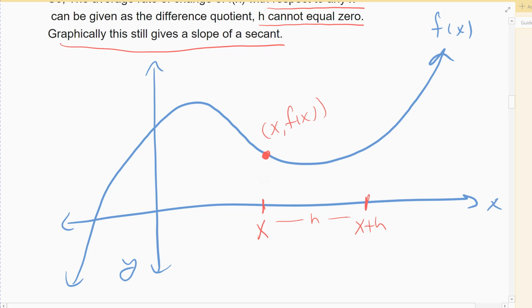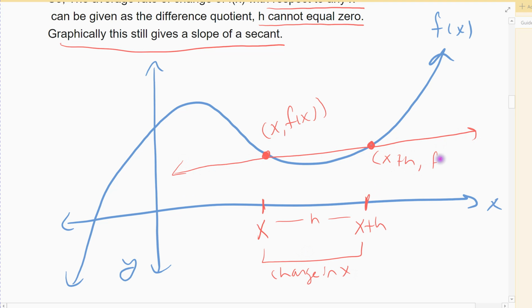I've gone h units away. This would represent my change in x. I went h distance from my original starting point. And so that would put me up here at my new point. I graph my line between my 2 points. And so this point would represent x plus h, and f of x plus h.